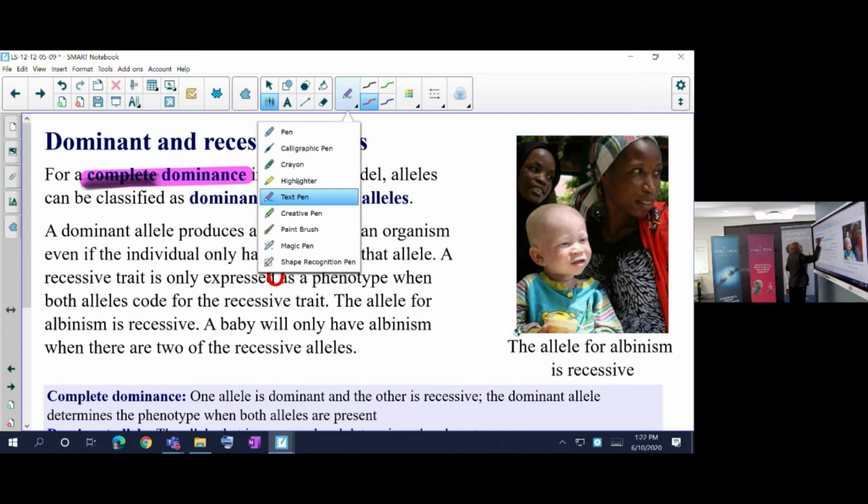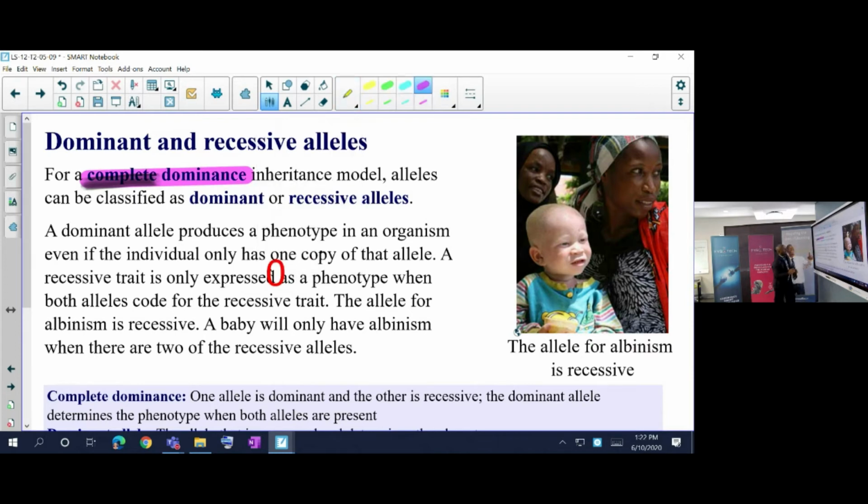We need to master it as we go. Right. I was saying we are much worried about these two terms. For dominant, it can be expressed. For recessive, both alleles, which means two of them, have to be present for the trait to be expressed.